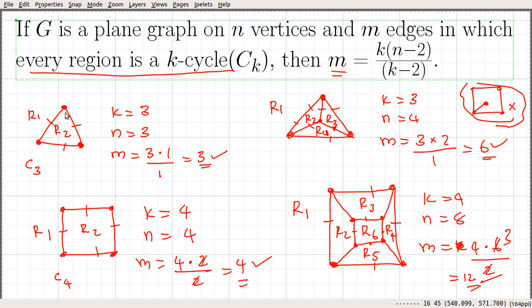Okay, for R2 we have these 3 edges, so for R2 that sum will be 3, and similarly for R1 that sum will be 3, because every region is a k-cycle kind of thing.